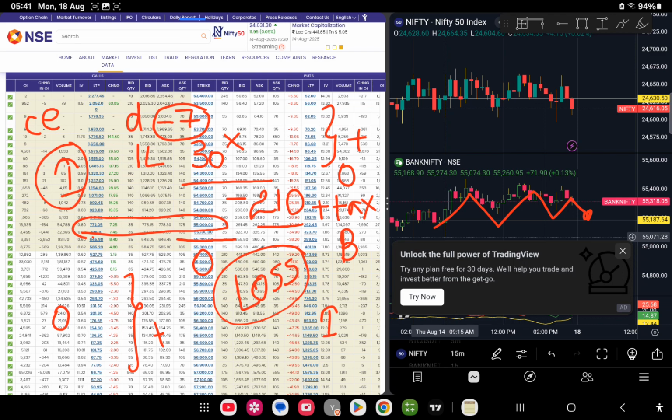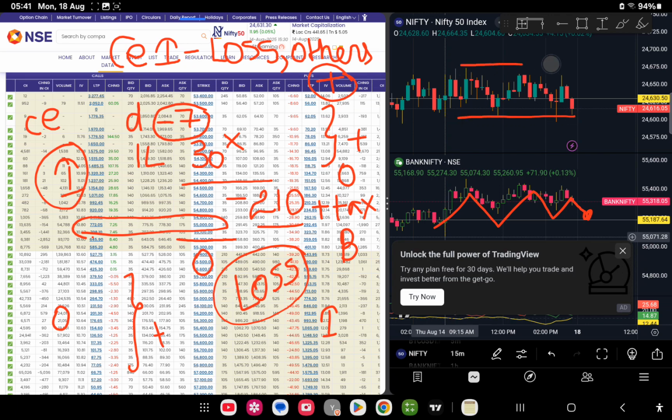So I will write: call side ITM is the only loss position, others are profitable. Then you could see how Nifty and Bank Nifty are almost similar.